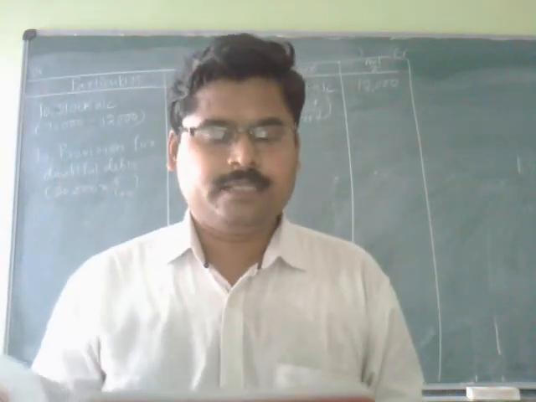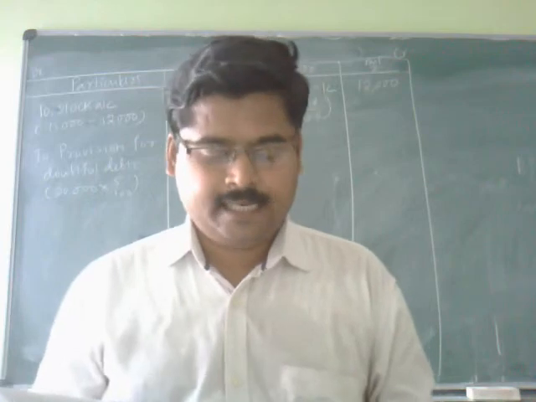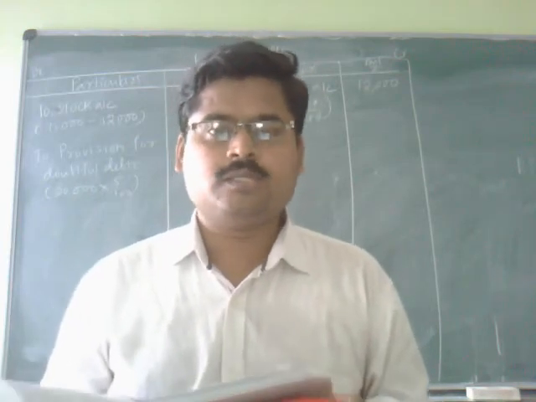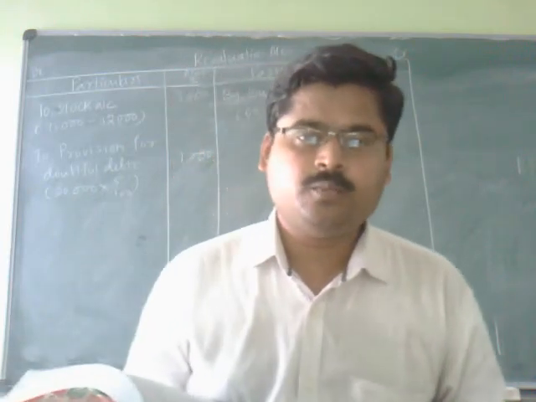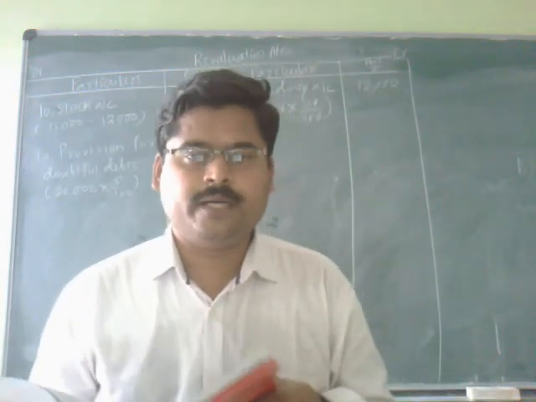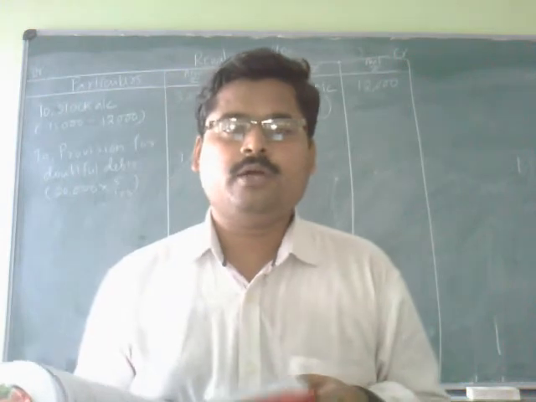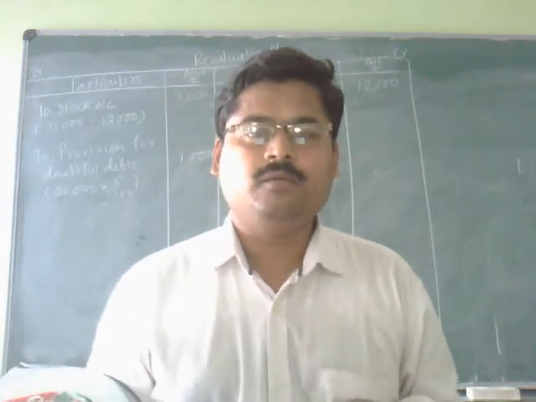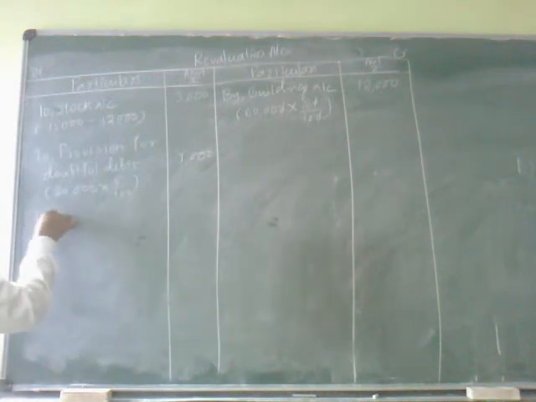And the last condition is outstanding salary rupees 2,000. Outstanding salary means we are supposed to pay more salary amounting to rupees 2,000. It is also an expenditure. That is why I am going to record it at the debit side of the revaluation account. To outstanding salary.